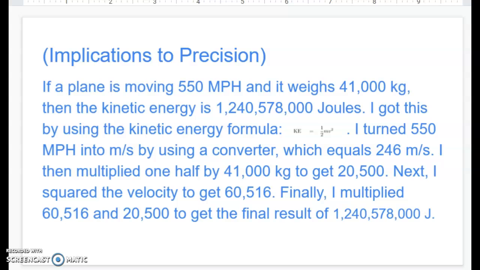And finally, after I got everything that I needed to put into the equation, I multiplied the two numbers together, which are 60,516 and 20,500, to get the final result of 1,240,578,000 joules.